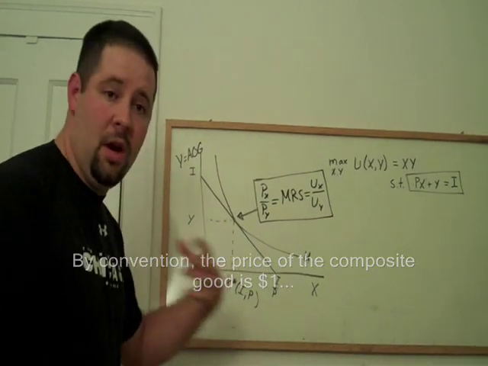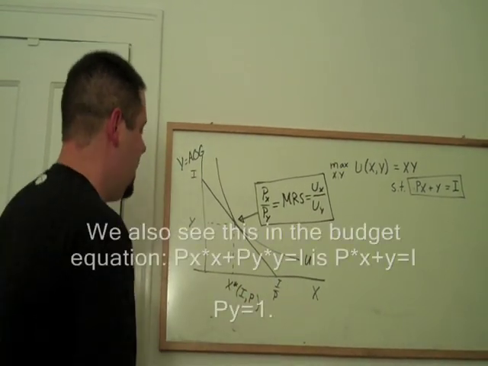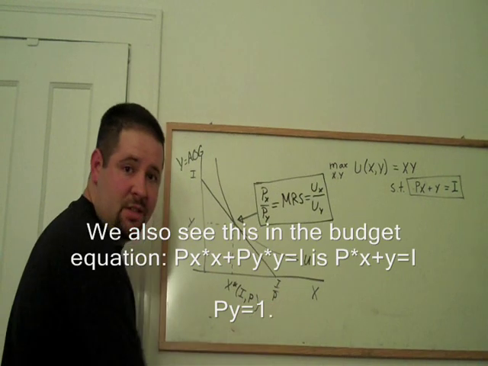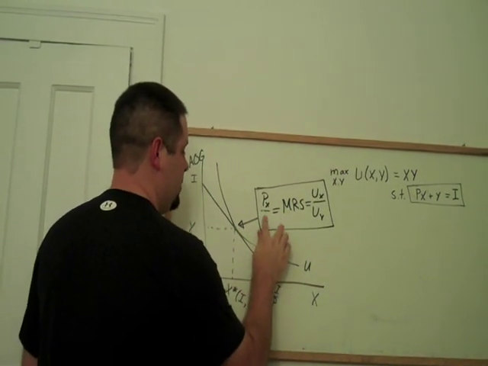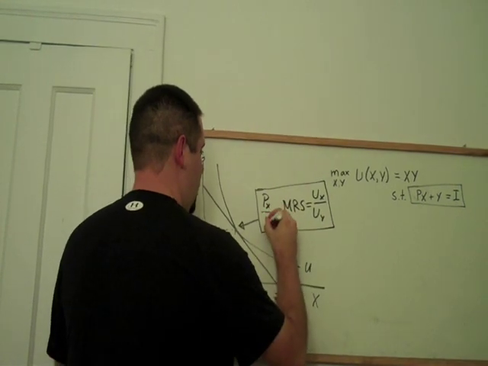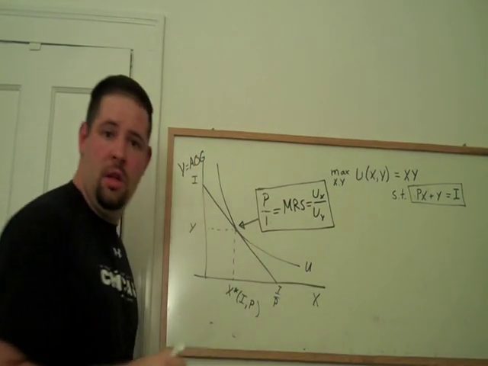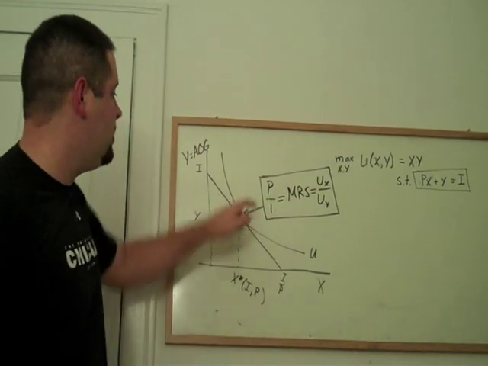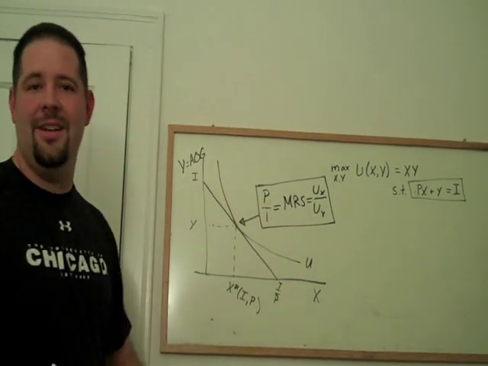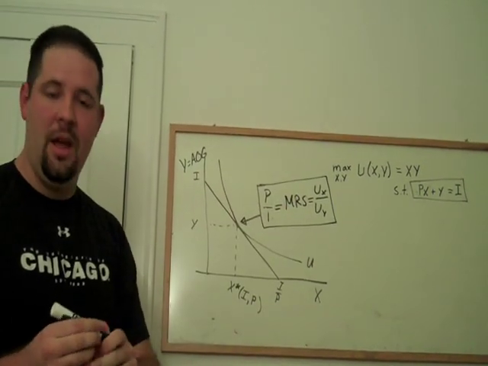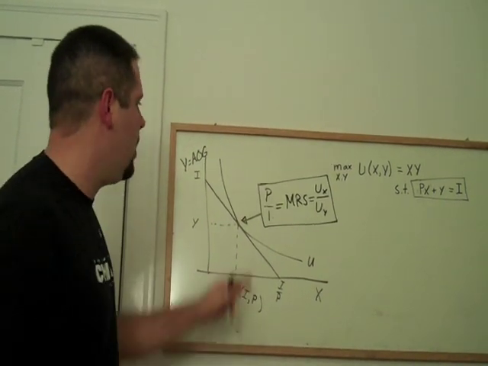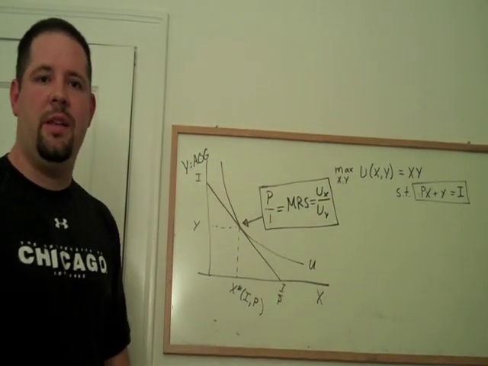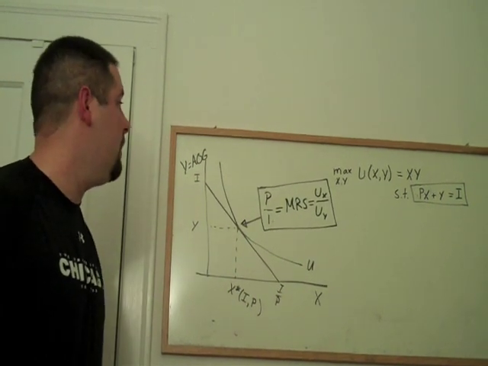And so from here on, the simplification is that the price of x is just the price that we're interested in. The price of y is just going to be 1. And so we have a simplification that pops out right there. It's a simpler case than the one that we've dealt with in the past, but it's just a nice special case so we can see where demand curves come from.